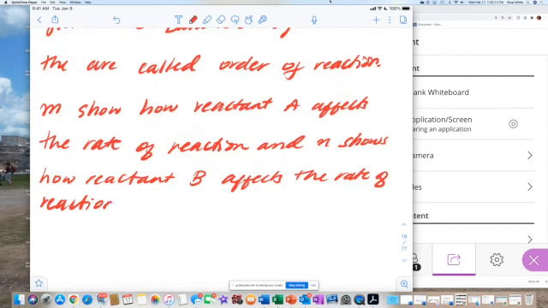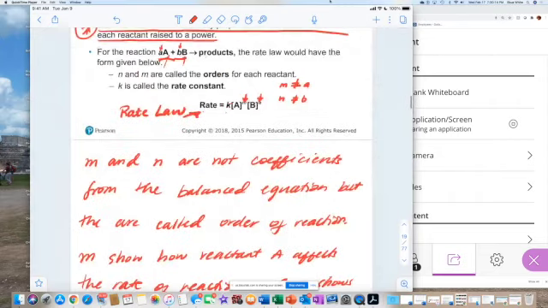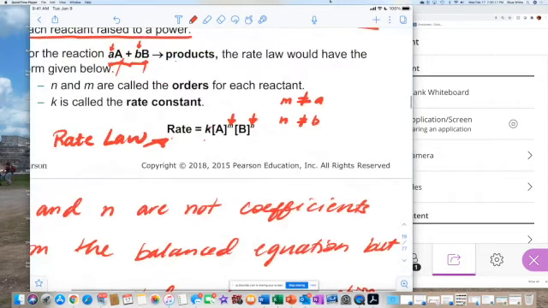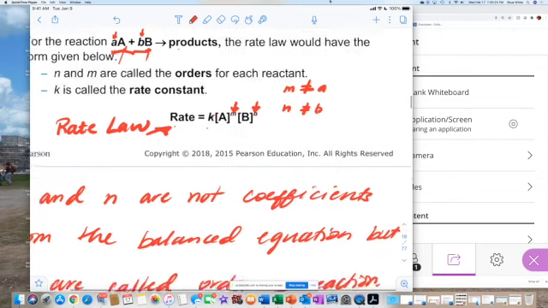So they are not the coefficients of the balanced equation. They have a purpose, and that's to communicate how these reactants here influence the rate of the reaction. Okay.